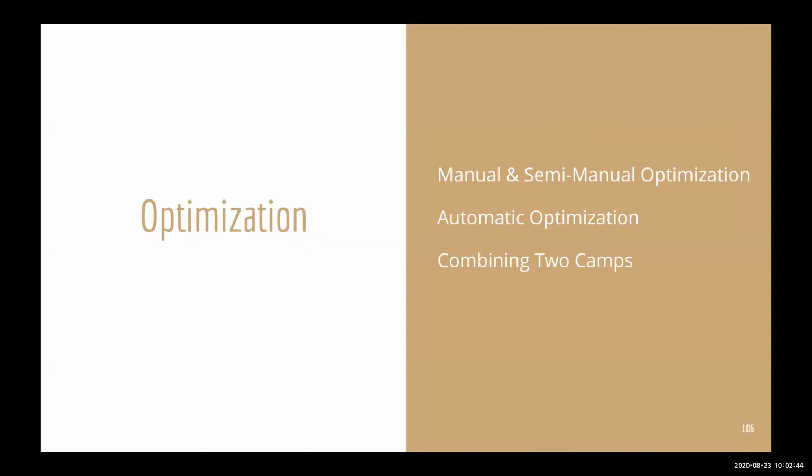And the second camp is really about automatic optimization. So how can we do optimization with as little human involvement as possible? And the third, emerging way we think about this problem is whether we could leverage these two different camps and do both at the same time.